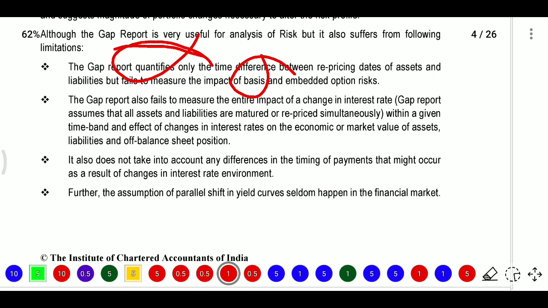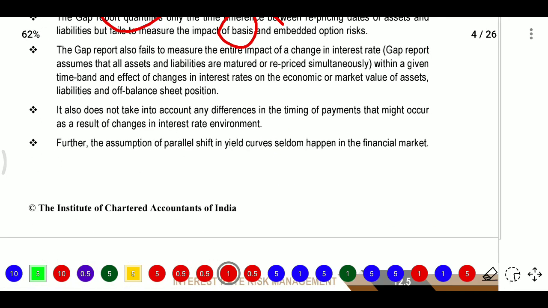Next, it also does not take into account any differences in the timing of payments that might occur as a result of changes in the interest rate environment. So if there is any difference in the timing of payments, the gap report is not able to capture it. Further, the assumption of a parallel shift in yield curves seldom happens in the financial market.